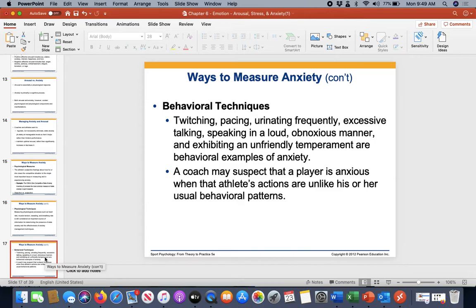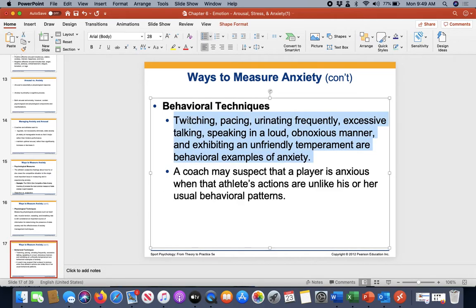So with anxiety, these are some of the things that you're going to find in a player who's getting a little bit off, okay? And definitely I'm having this highlighted because you might need to know this for your test coming up, all right? Twitching, pacing, frequent urination, too much talking, speaking in a loud, obnoxious manner.